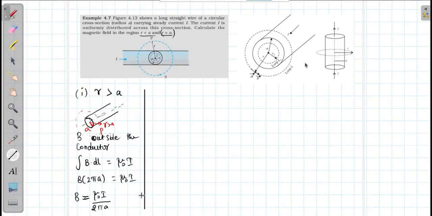Suppose you see this diagram, the point outside is given as small r, and inside it is given as r1, loop L. Depending on the given data, you can go for the derivation.